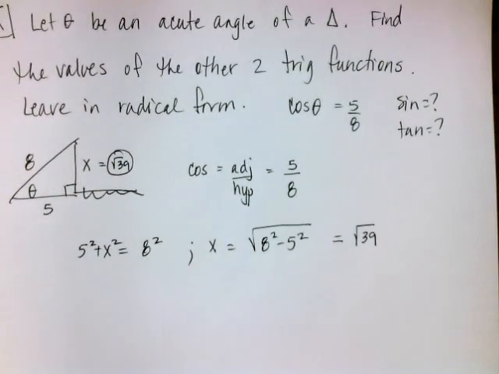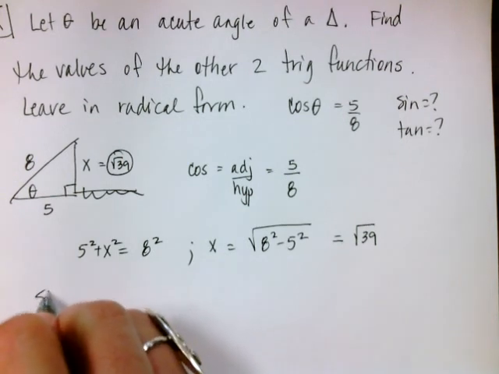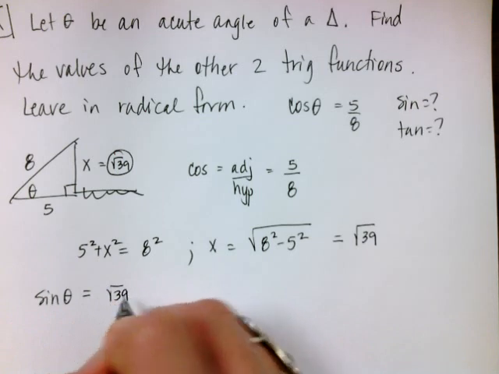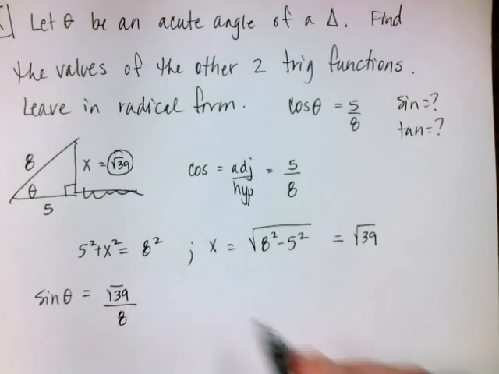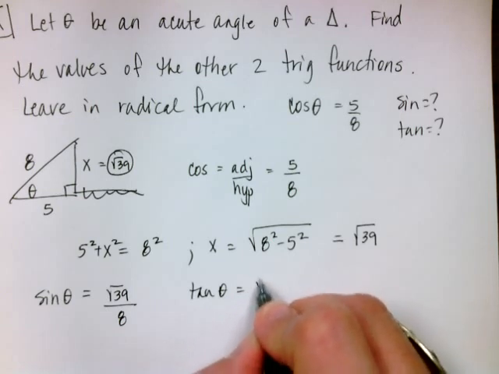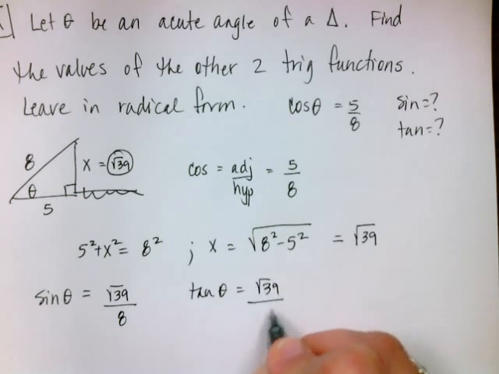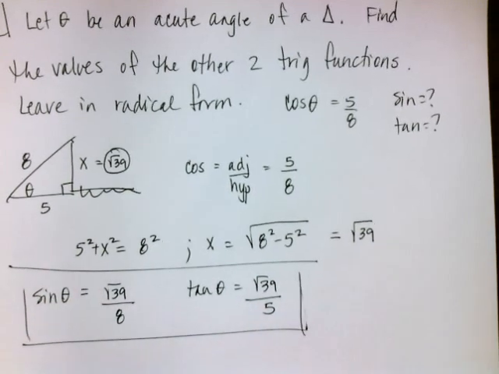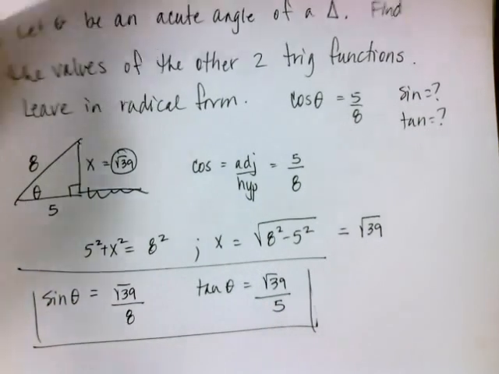Okay? So now I can find sine. So the sine of theta is going to be equal to radical 39, the opposite over the hypotenuse, and the tangent of theta is opposite radical 39 over the adjacent 5. And there are the other two ratios. So that was pretty easy.